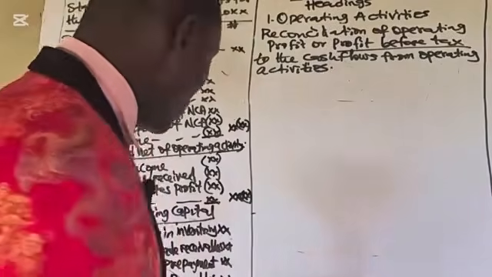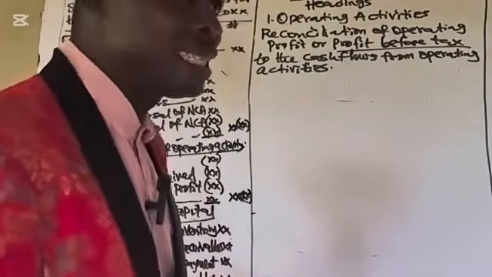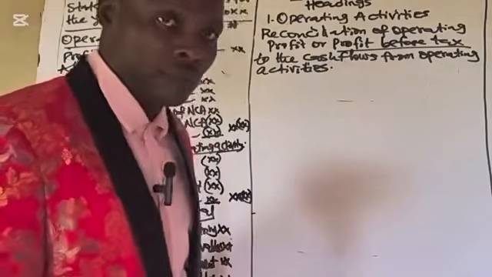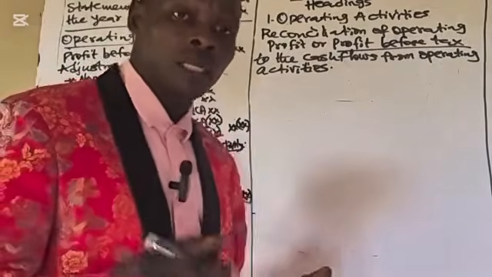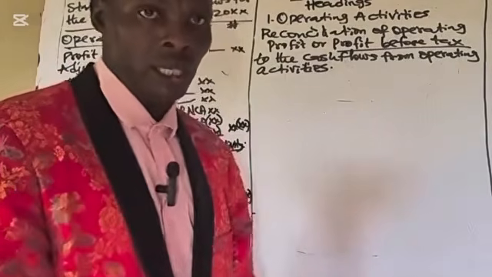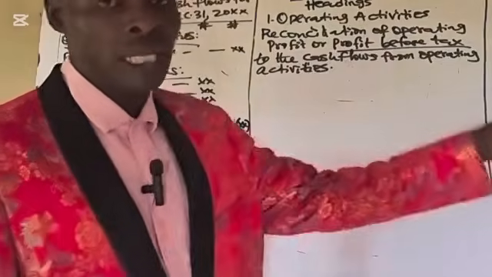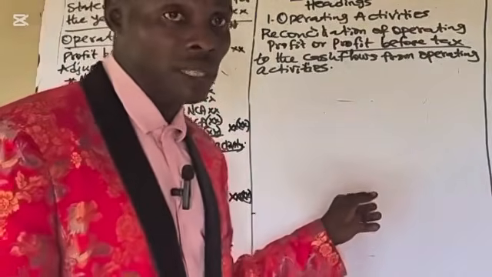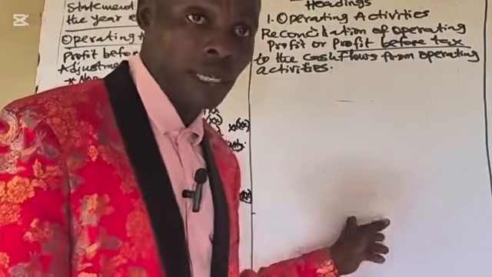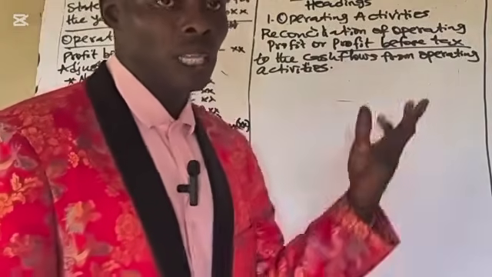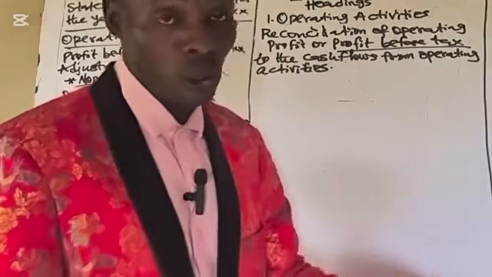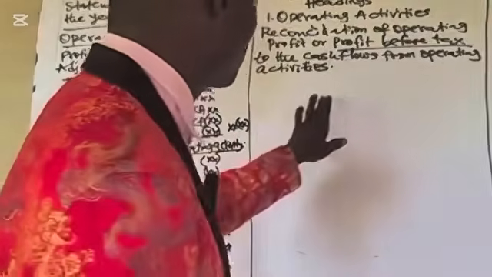So before you can include your interest paid under operating activities, you have to check your current liabilities in case you have interest payable there. Or sometimes you will be told in additional information. It may not be given in the face of the statement of financial position under current liability, but you'll be told by way of note.